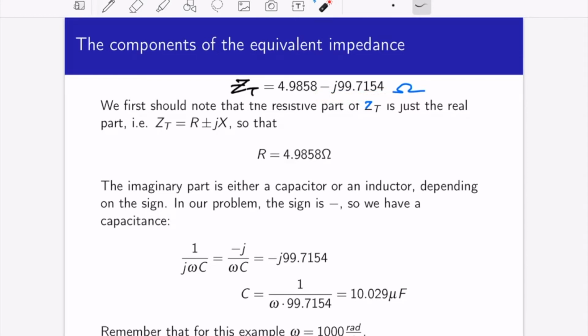Sure enough. So let's figure out what that capacitor is. We know that 1 over j omega C is the impedance of a capacitor. I just went ahead here and brought that j up into the numerator. You can check your math to make sure that you believe that. We're going to set that equal to the value we have here. The reactance is what it's called. And then we're going to solve this equation that I just circled for C. When we solve that and plug in for omega, omega is known. If I recall, it was 1,000.